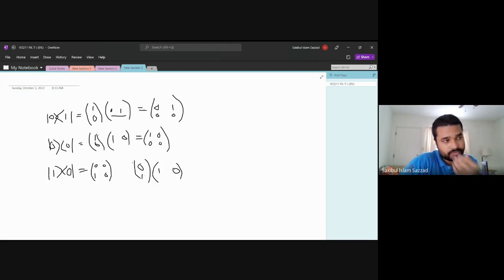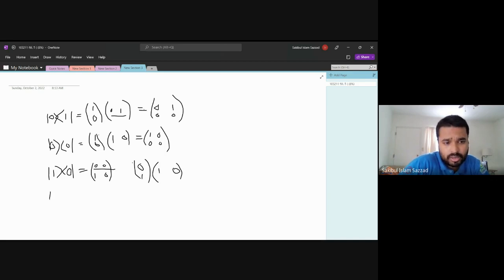So when I make an outer product for this, I multiply this whole ket 0 by 0, the first element of ket 1. Then I get 0 for all of this. I got this row, because if you multiply 0 by this whole row, you will get 0 0. But if you multiply this whole row by 1, you will get 1 and 0.